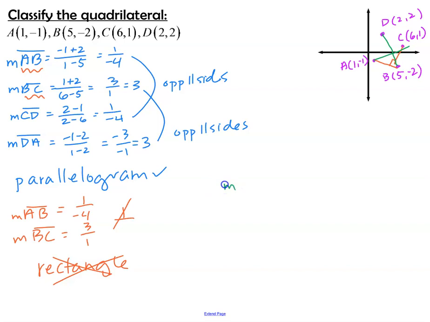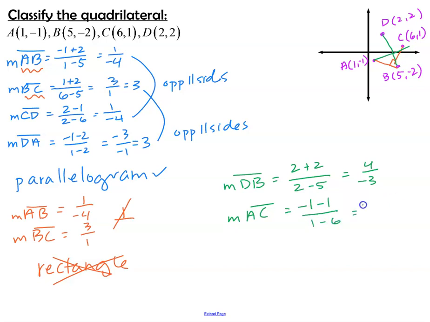We'll take the slope of segment DB, and that's going to be 2 plus 2 over 2 minus 5, which gives us 4 over -3. And then our other diagonal, AC, that's going to be -1 minus 1 over 1 minus 6, and that gives us -2 over -5.